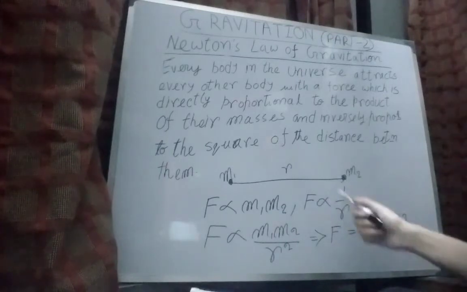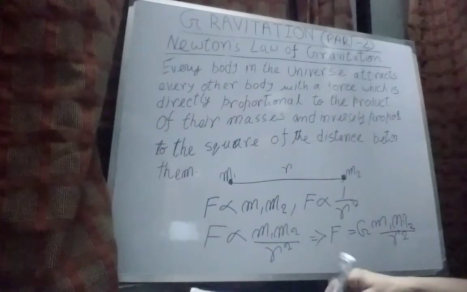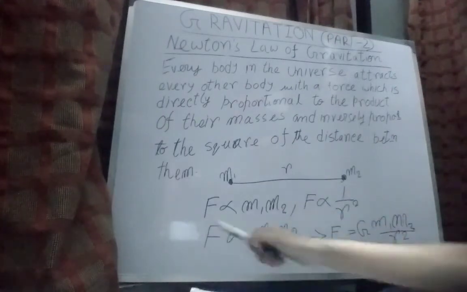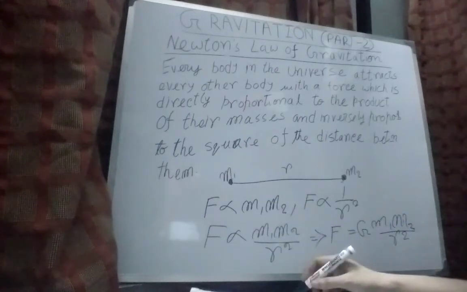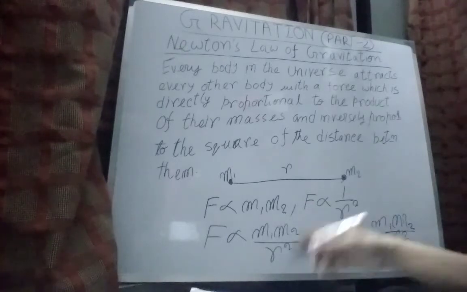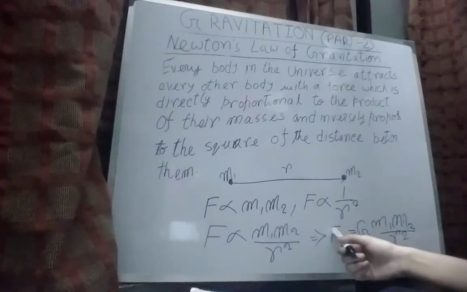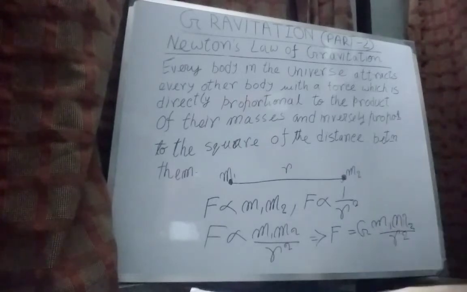Combining these two, F is proportional to m1 m2 by r square. When we write it as an equation, we write F equals G into m1 m2 by r square.